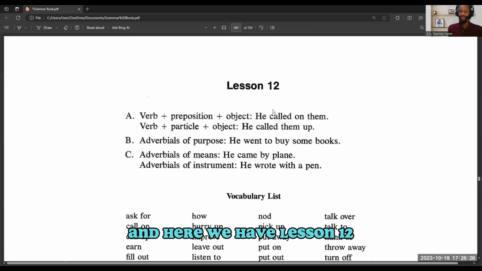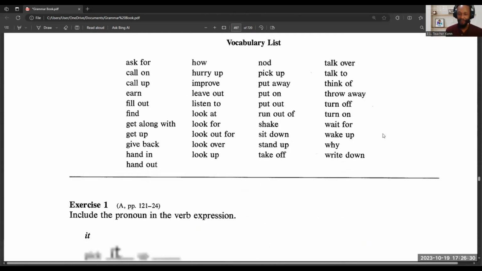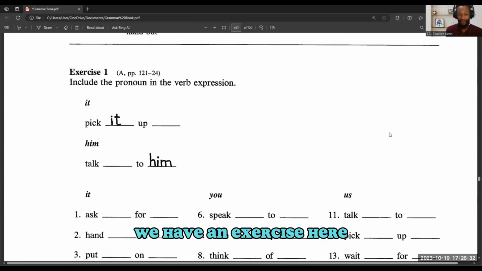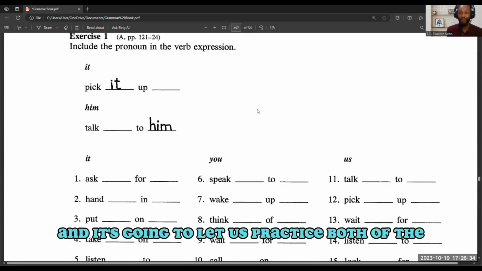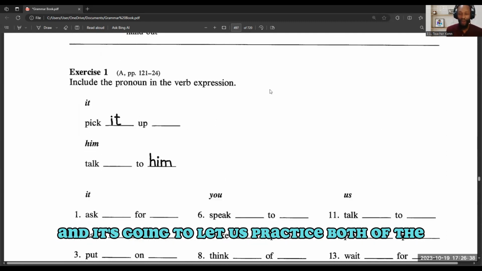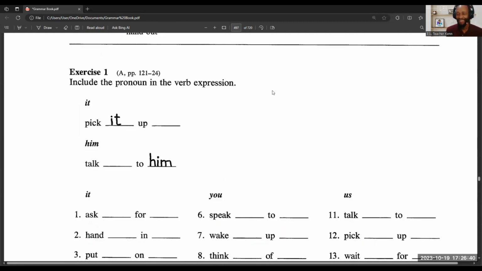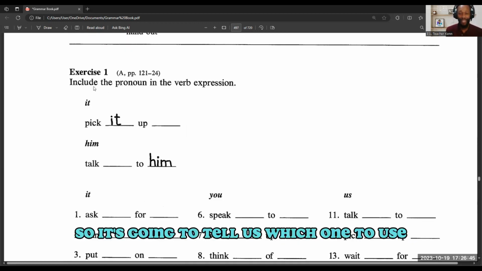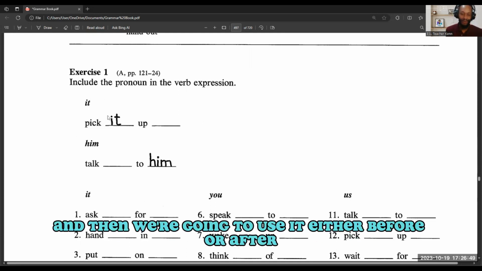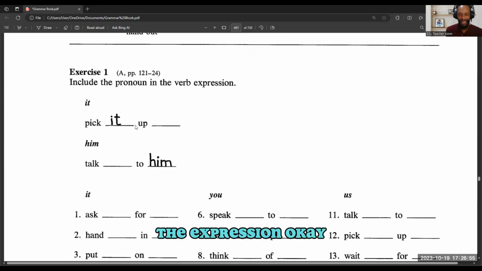And here we have lesson 12 in English Sentence Practices. We have an exercise here, and it's going to let us practice both of the situations. It's going to tell us which one to use, and then we're going to use it either before or after the expression.